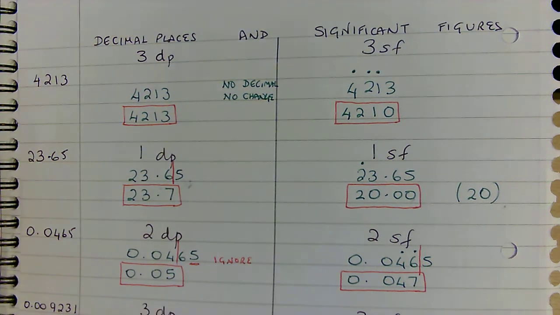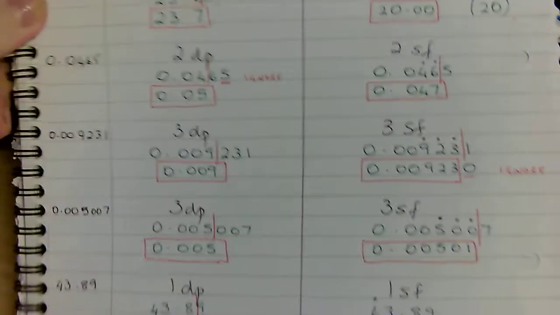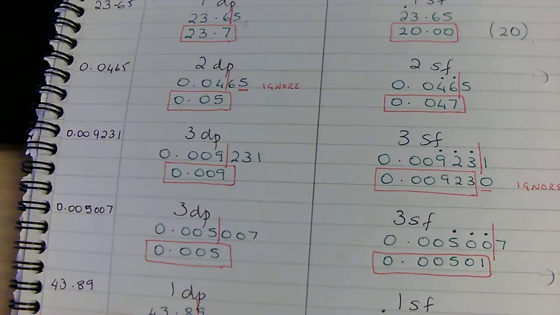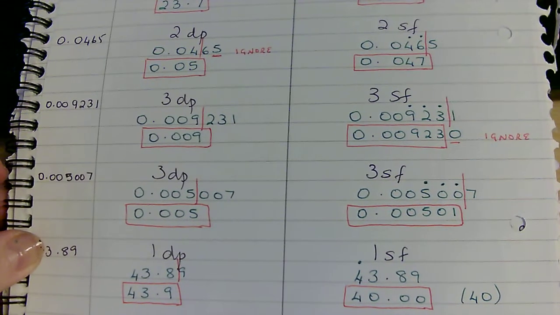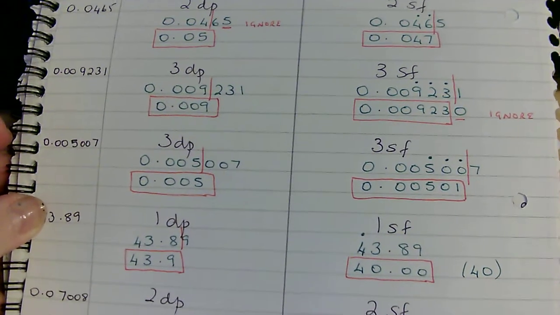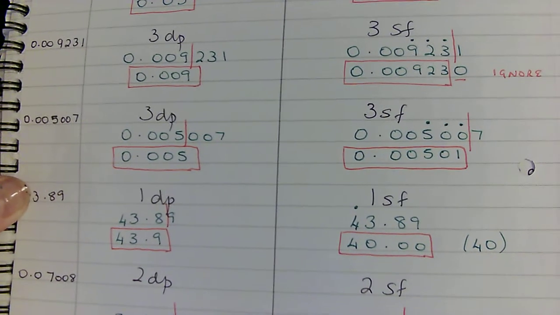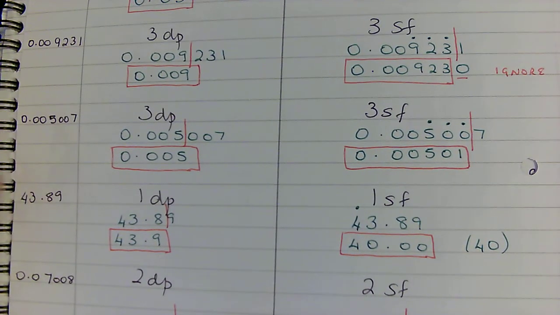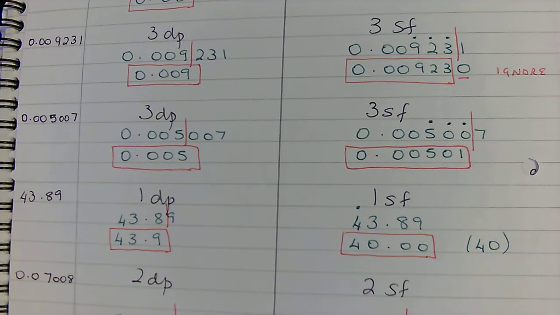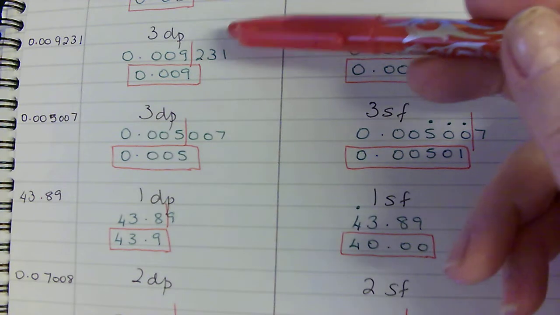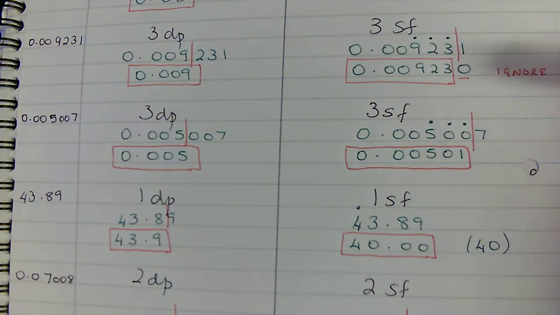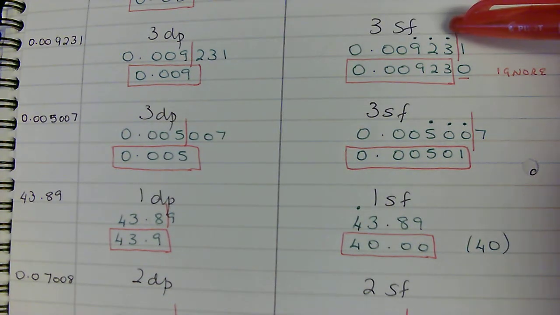Okay. Let's look at a few more. So we've got 0.009231 here, and we're going to look at it to 3 decimal places and 3 significant figures.